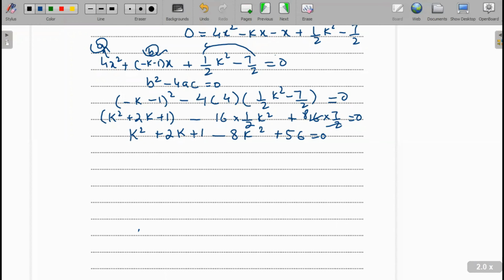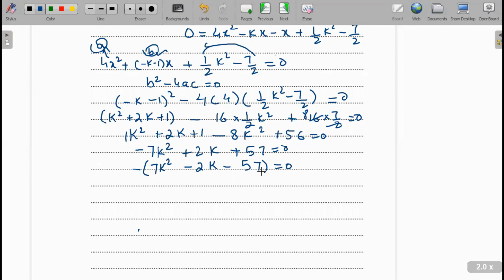Now k square minus 8k square is minus 7k square, plus 2k, plus 1 plus 56 is 57, equal to 0. Here taking minus as common, that is 7k square minus 2k minus 57.